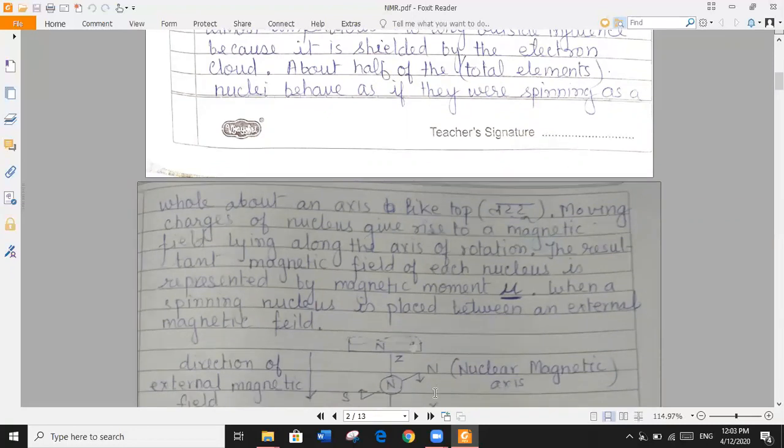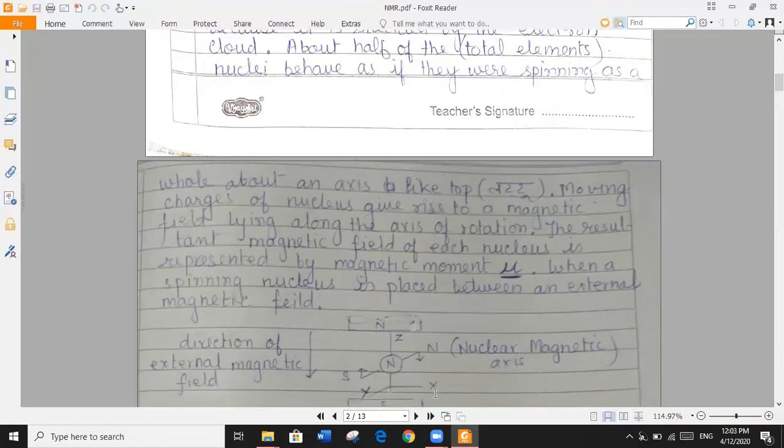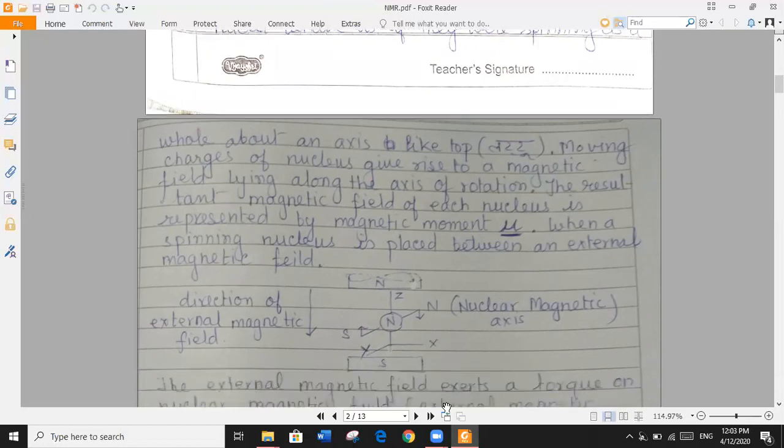When a spinning nucleus is placed in an external magnetic field, just as shown in the diagram, here there are X, Y, and Z directions.